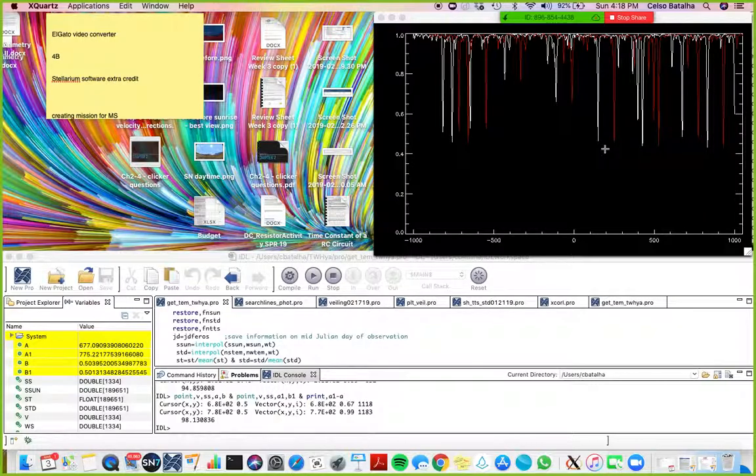So what you do? You convert both the sun and the TW Hydra not to a wavelength scale, but to velocity scale. So it's not wavelength anymore; it's a velocity, like I just did.